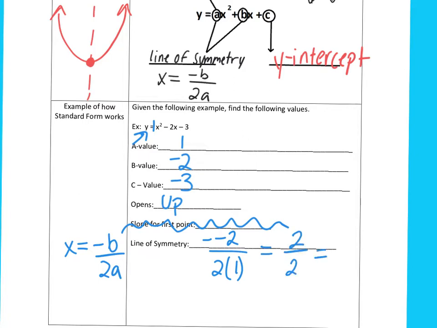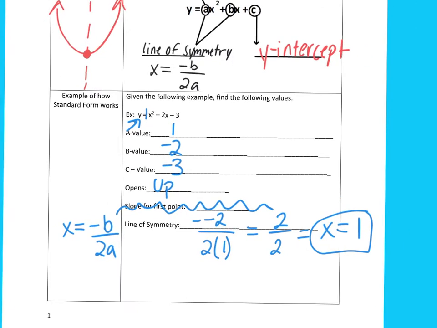What's this equal? 1. So x equals 1 is going to be my line of symmetry. X equals 1 would be my line of symmetry on this equation. Okay? Is everybody good on that so far? Okay, let's keep going.